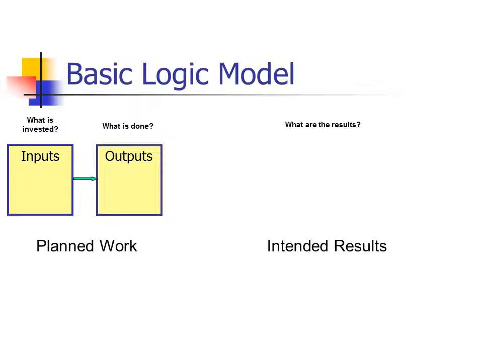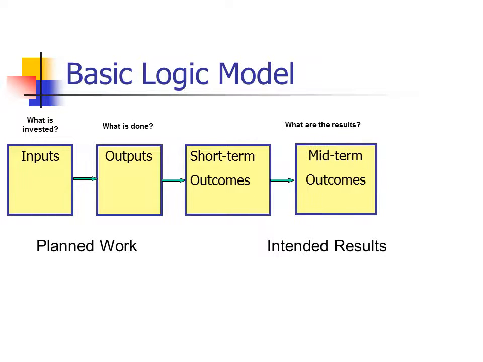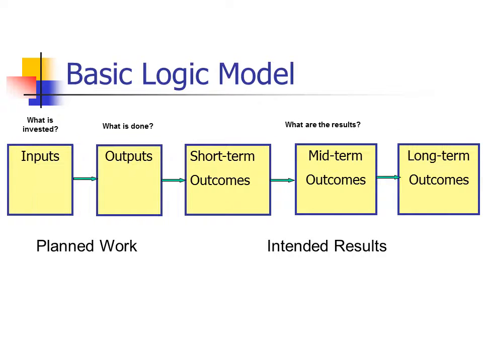You've got your inputs, what you're bringing to the process. You've got what you intend to do. Those two things together make up your planned work. And then, of course, you've got what you hope to get out of it: your short-term outcomes, your mid-term outcomes, and then finally your long-term outcomes.